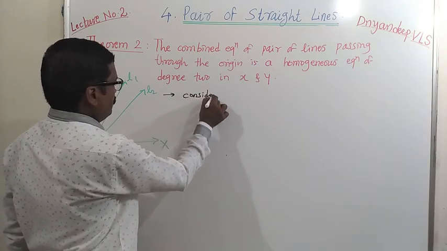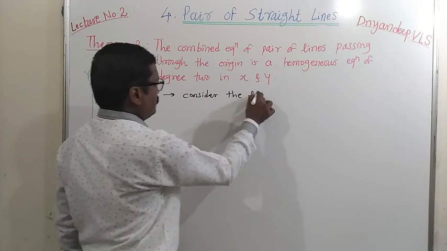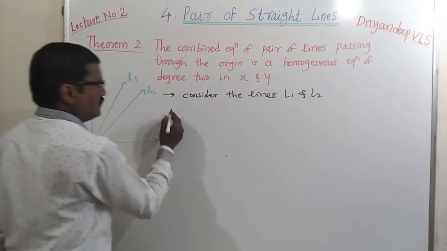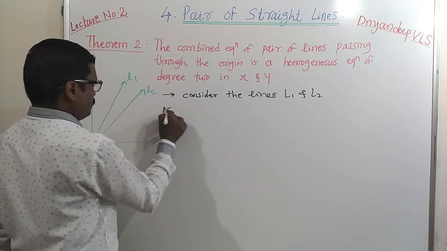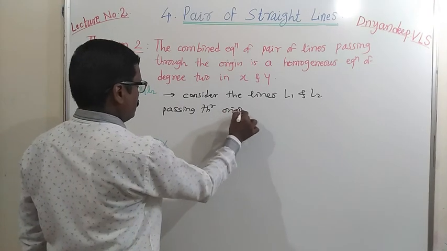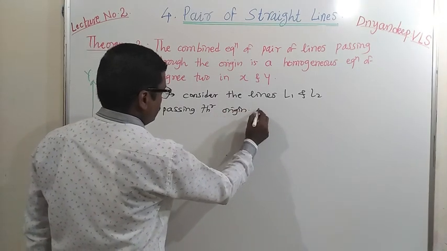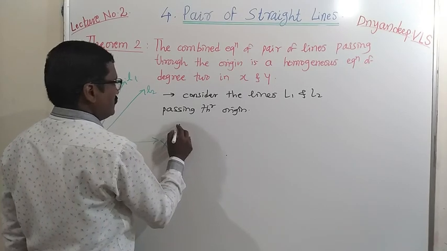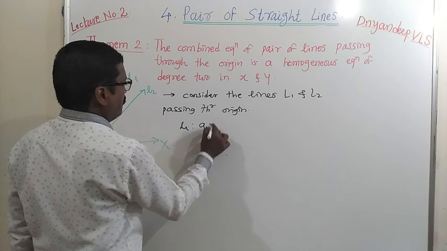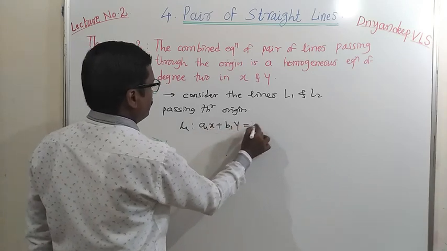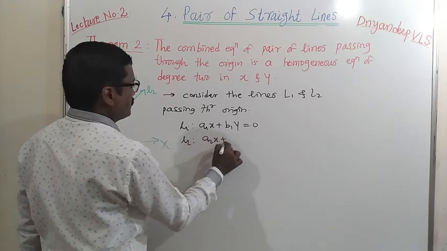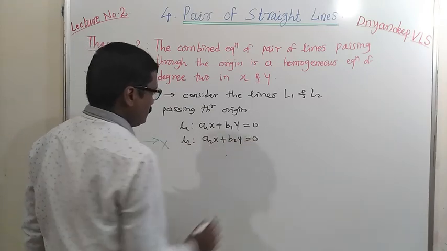Consider the lines L1 and L2 passing through the origin. L1 is a1x plus b1y equal to 0 and line L2 is a2x plus b2y equal to 0.